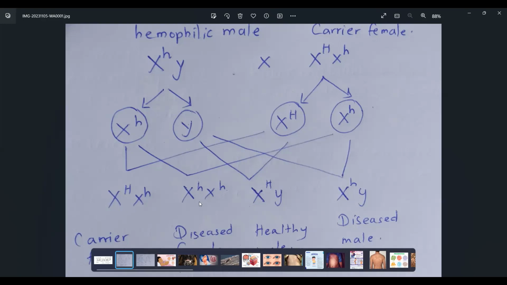Right. ඊළඟ එක්කෙනා එයා recessive. එහෙනම් එයා diseased female කෙනෙක්, hemophilic female. බලන්න ඊට පස්සේ male කෙනෙක්, healthy male කෙනෙක් and a diseased male. එහෙනම් මෙතන අහන්නේ which ratio? Diseased female and diseased male. හතරෙන් දෙන්නෙක් ඒ විදිහට එනවා. එහෙනම් what is the percentage? 50%. 50%. Can you understand that one?